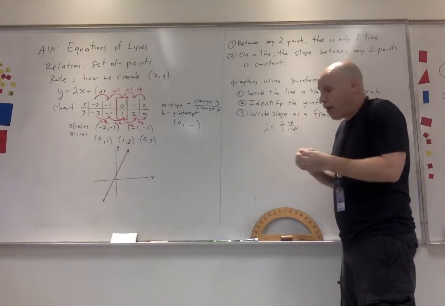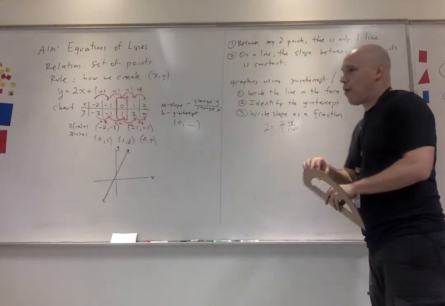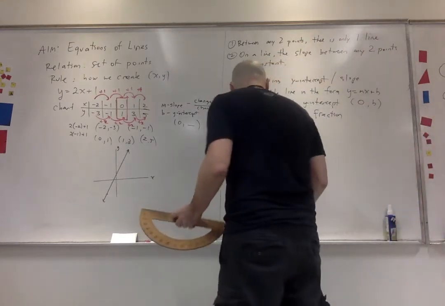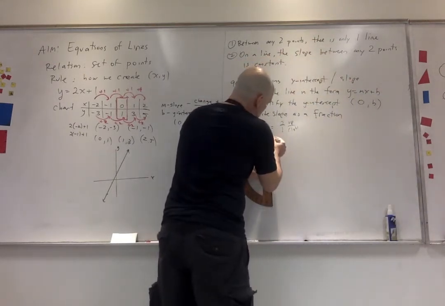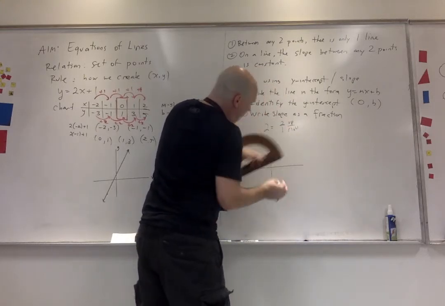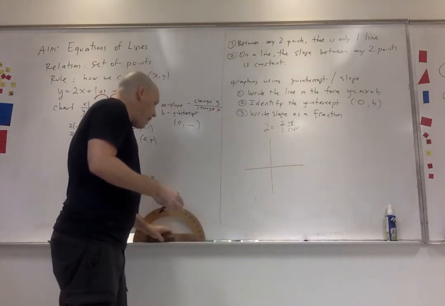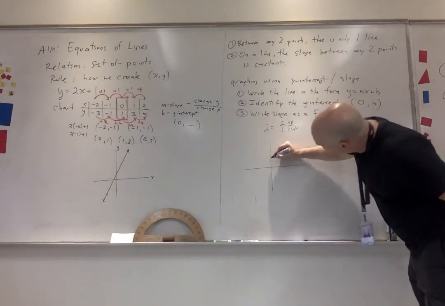And then you were taught, okay, now we can start graphing. And you were taught how to graph it. So let's just quickly do this. You had your axes, and then you said, okay, plot the point 0, 1.